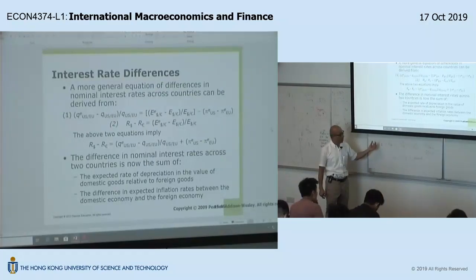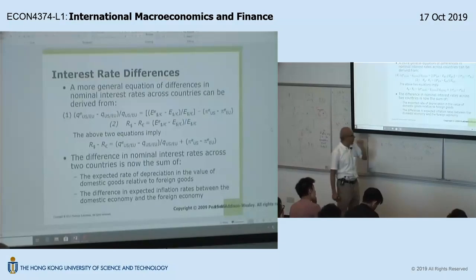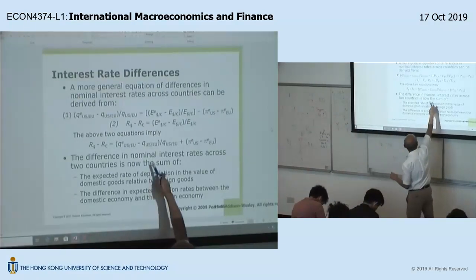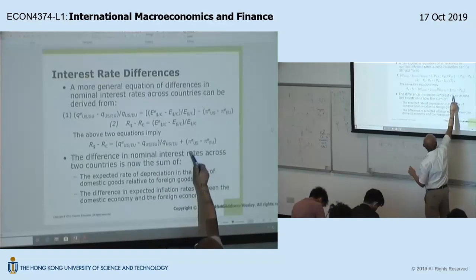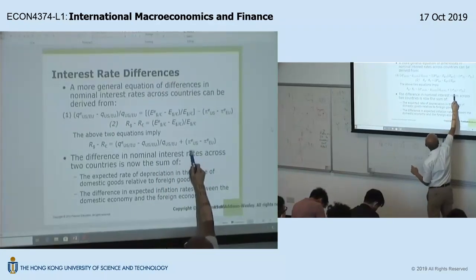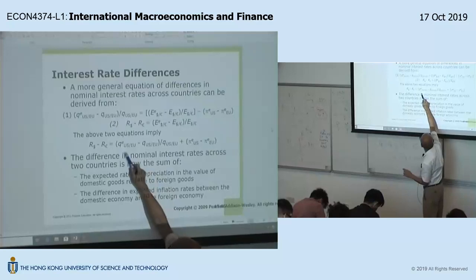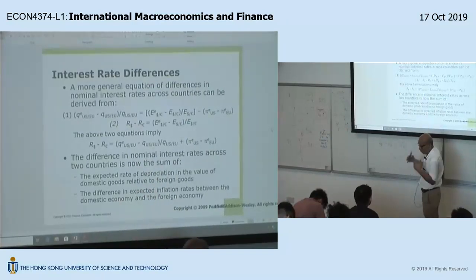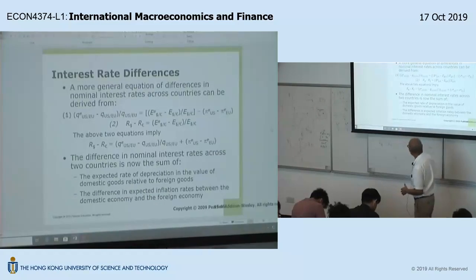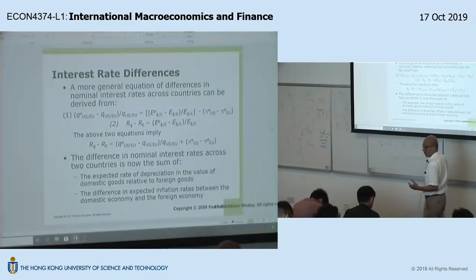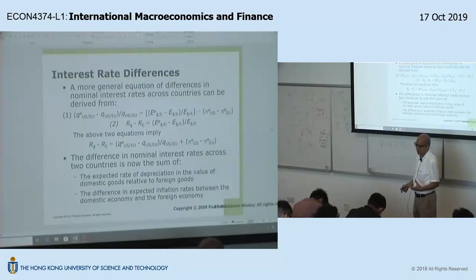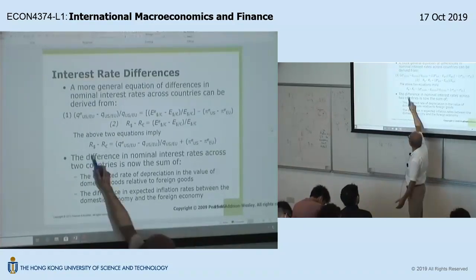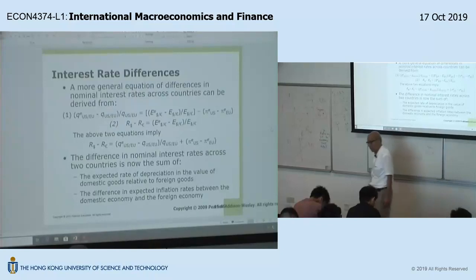But this equation says that even if the inflation rate is not high, if the country is expected to depreciate in real terms a lot, it will also have a very high interest rate.